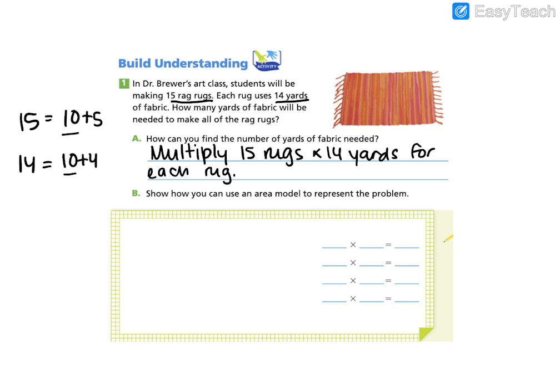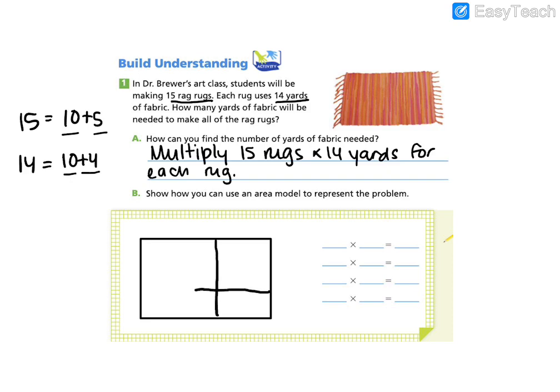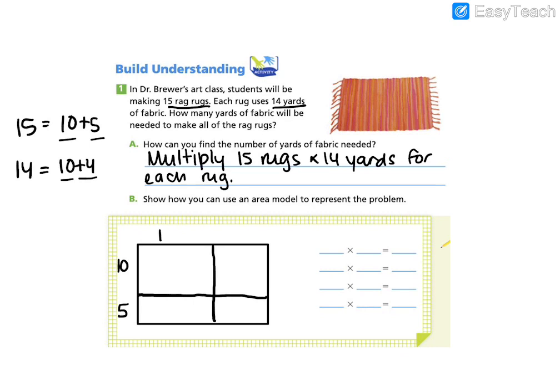So you're going to see this time we have 4 factors that we're working with. When we create this area model, it's going to look like this. We're going to have 4 partial products. So we're multiplying 15, 10 plus 5, times 14, 10 plus 4.